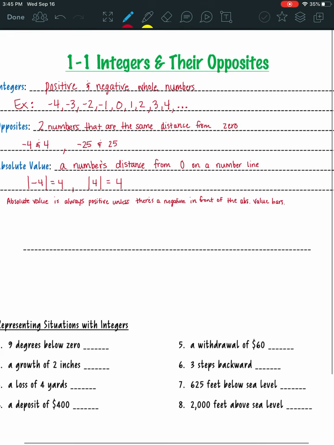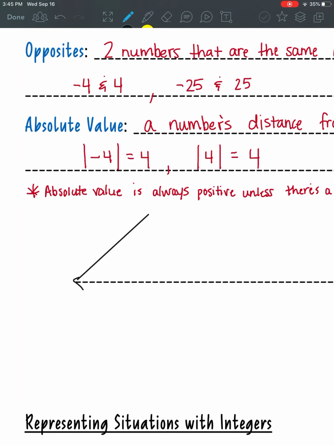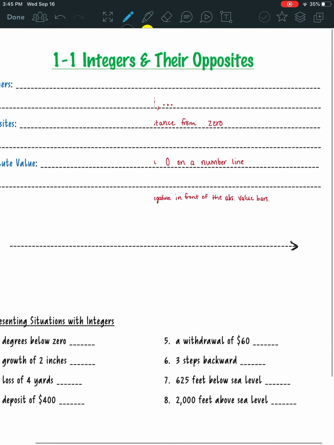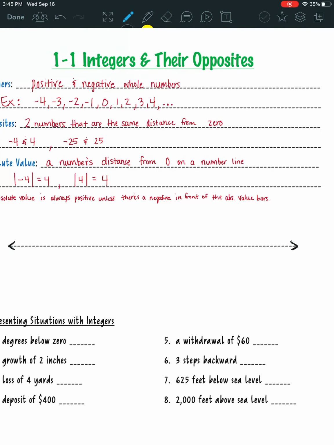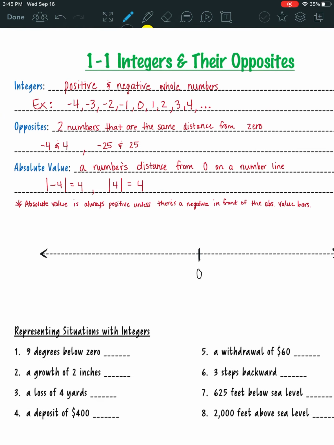We have a number line that we're going to write out here. I have a big long empty line. So let's fill this in. First of all, I'm going to put arrows on the end here to show that this is a number line and it's going to continue in both directions forever and ever. And we're going to just simply show some of our smaller positive and negative whole numbers.